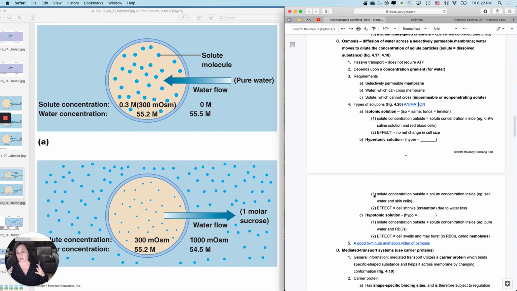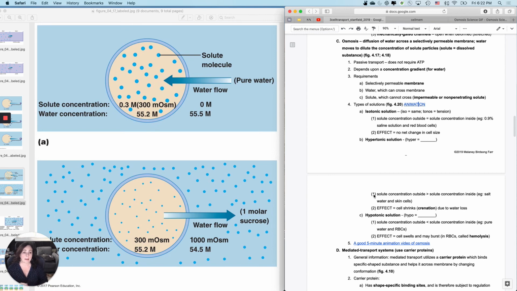This is, for instance, when you become dehydrated or you have to give somebody a saline solution, you would like to give them a saline solution into their bloodstream that did not change the size of their blood cells, right? You don't want them to lyse, you don't want them to crenate, so you're going to give them an isotonic saline solution, which in most instances is 0.9% saline, and no net change in cell size.